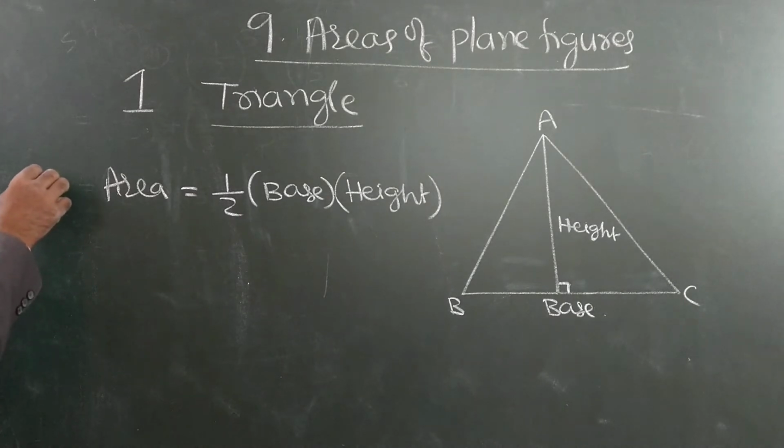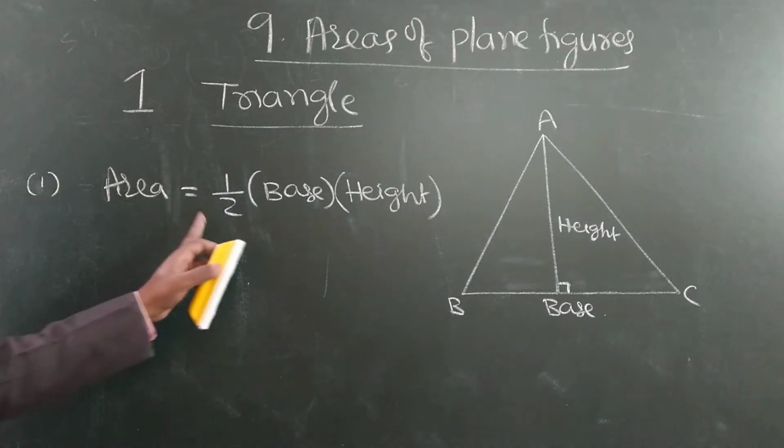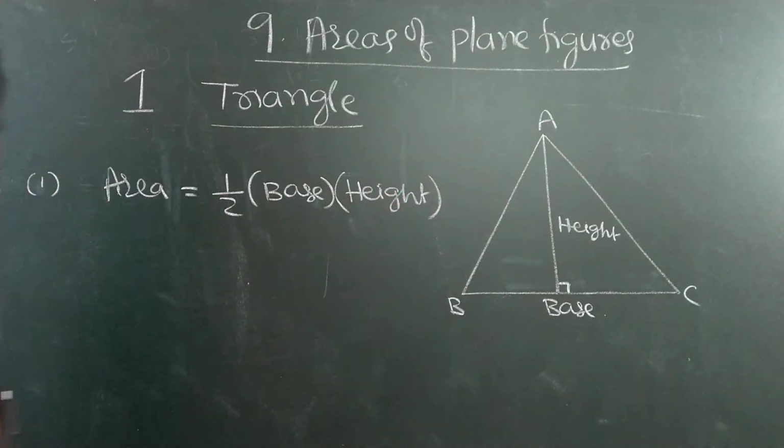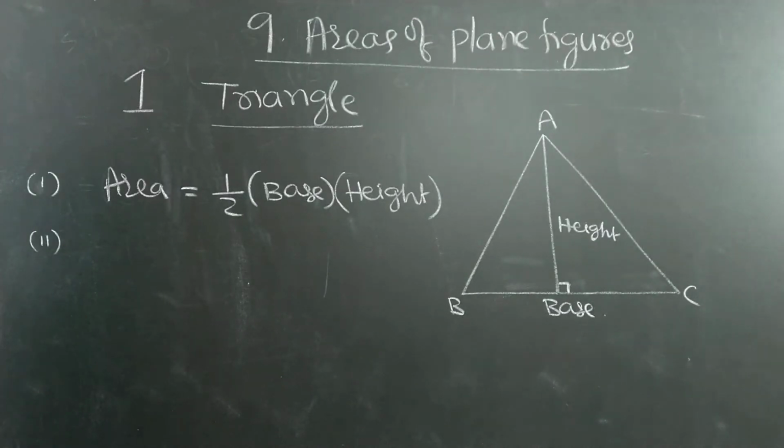Write down. Area is equal to half base into height. Half base into height. This is the area.